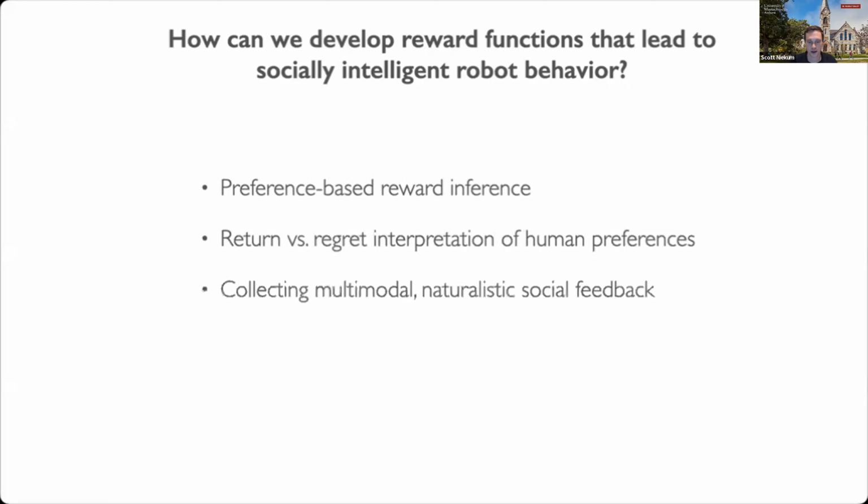And finally, I then want to bring it all back to social intelligence and think that, if we do want to use these types of methods to train socially intelligent agents, we're going to need data that is scalable and natural for people to give. And so how do we really get that kind of multimodal, naturalistic social feedback from people so that we can train these sorts of agents?